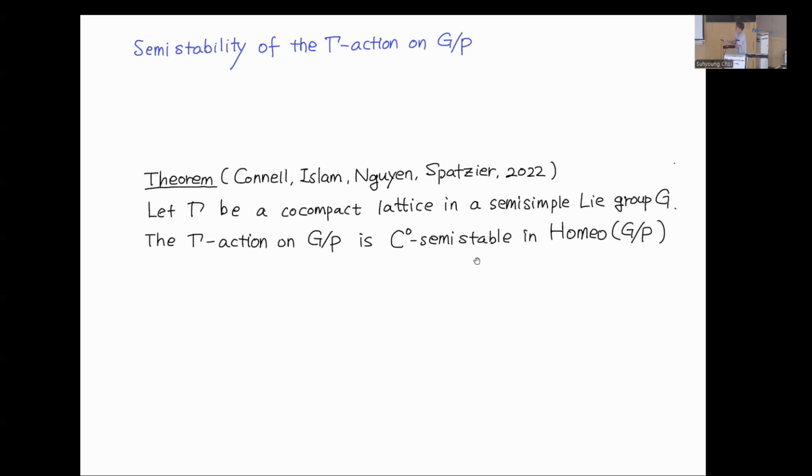So they also dropped the Lipschitz condition, but their technique depends on the technique of Zimmer's program. So they have a totally different viewpoint. Anyway, this is a similar theorem to the Manning and Weismann theorem for the hyperbolic group action on the boundary.